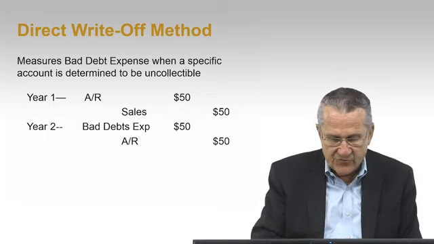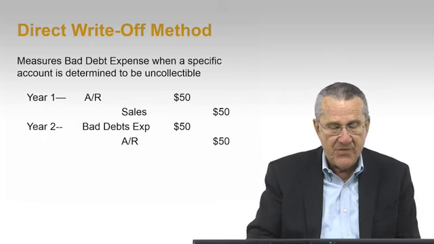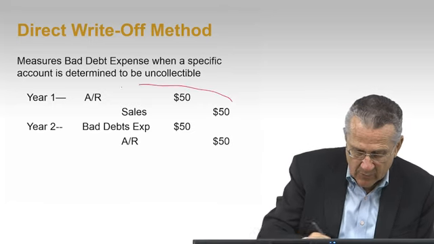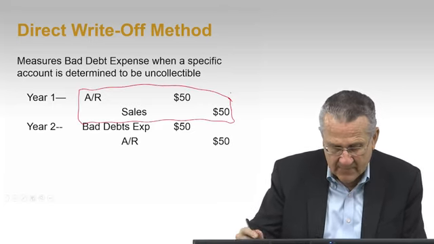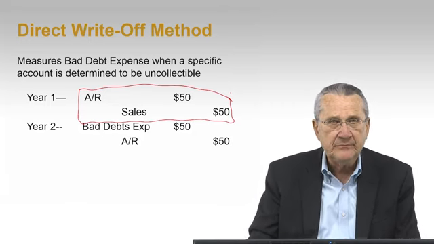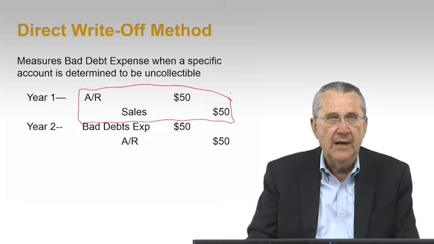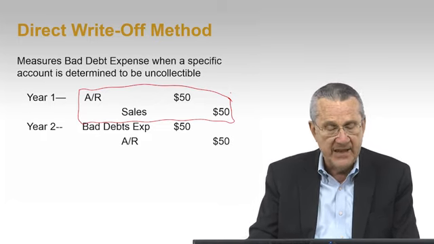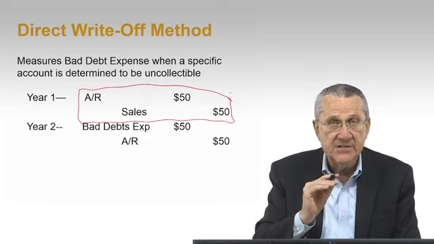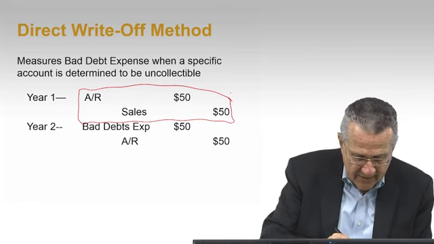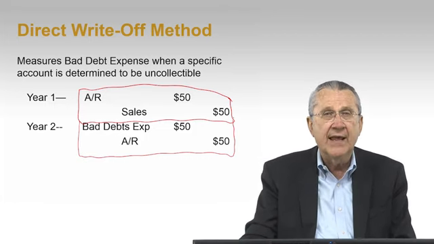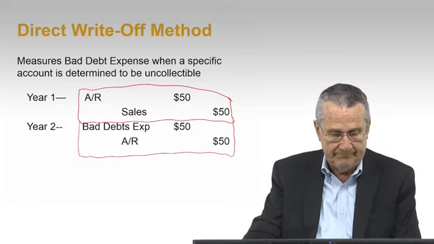So the accounting entry that you would make at the time that you actually made the sale in year one would be this one, debiting accounts receivable and crediting sales. And in year two, under the direct write-off method, when we identify this $50 sale is not going to be collected, then we debit bad debts expense and we credit accounts receivable.